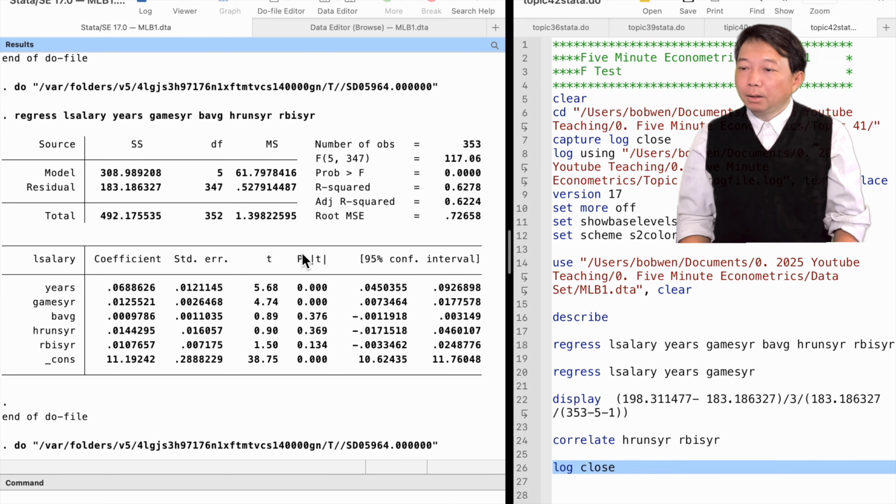Keep in mind that the individual t statistics may give misleading information on the joint statistical significance. The t statistic for each performance variable indicates they are individually insignificant even at the 10% level. It seems that they should be jointly insignificant.